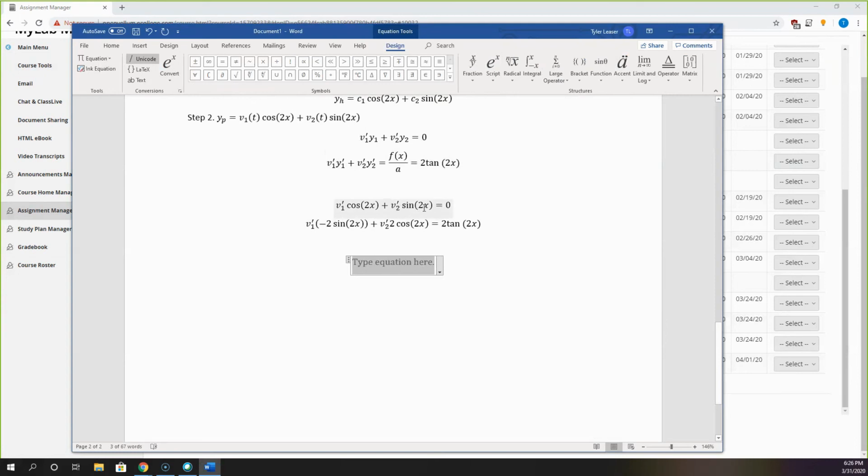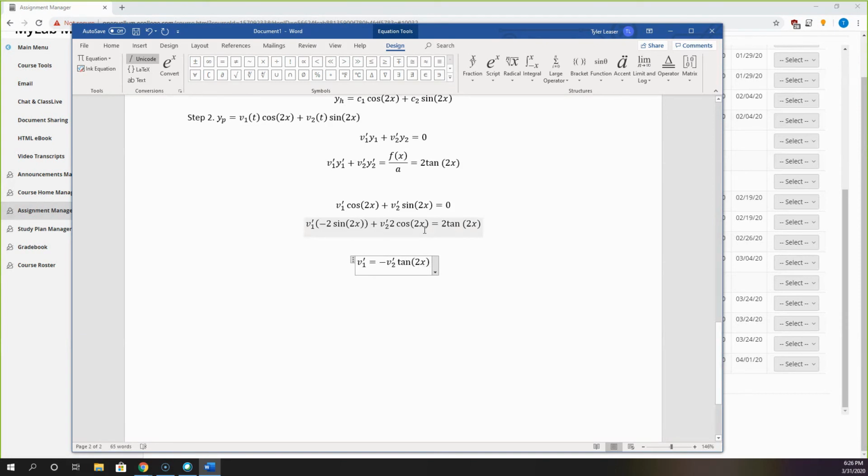Now we have the system and we want to solve it. Usually what I do is I just solve for the v1 prime here. So we're going to subtract this whole term over and then divide by the cosine 2x. So it's going to end up being the negative v2 prime and then sine 2x divided by cosine 2x, that's the tangent 2x.